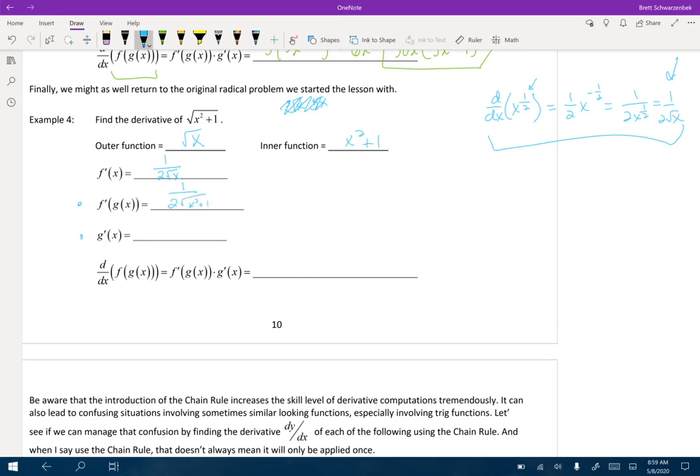What about g prime of x? Well, that's 2x. So if I'm finding the derivative of the composition, I'm doing 1 over 2 root x squared plus 1 times 2x. That means the 2's are going to cancel out, and I'm going to get x over the square root of x squared plus 1 as my derivative.